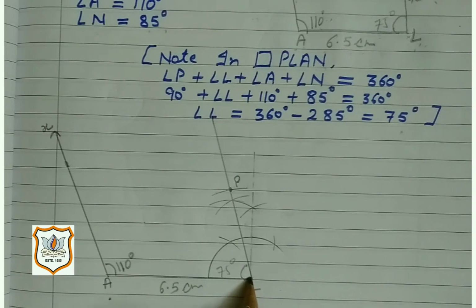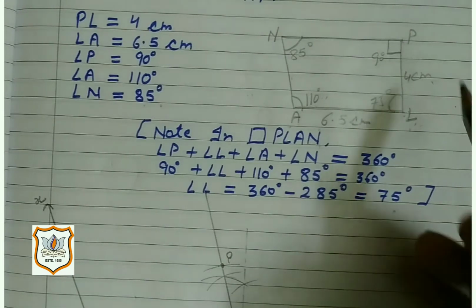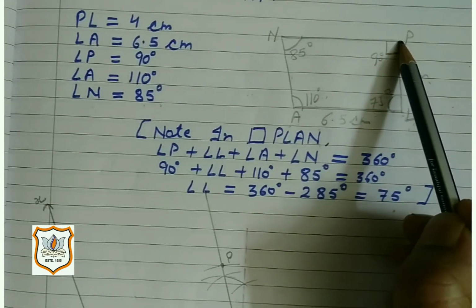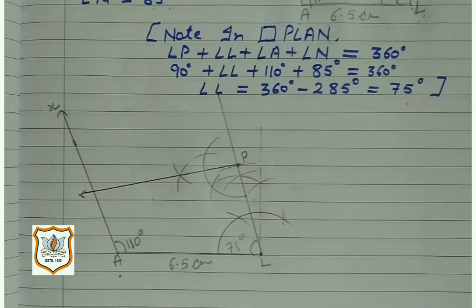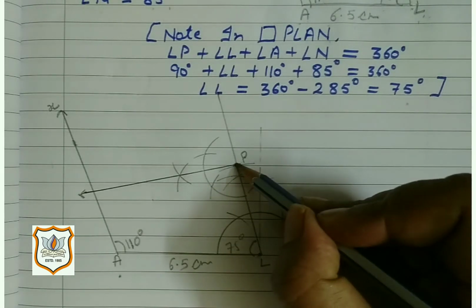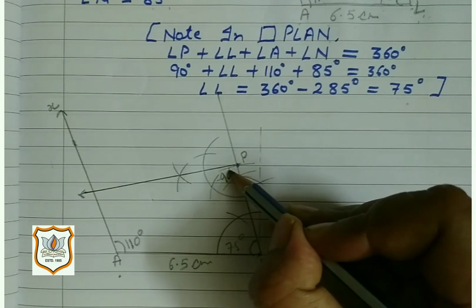Clear? Now we will construct a 90 degree angle at point P. You can see in the rough sketch. I constructed a 90 degree angle at point P. So we write here 90 degrees.